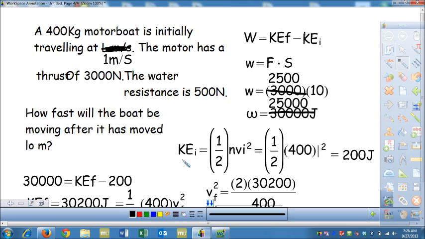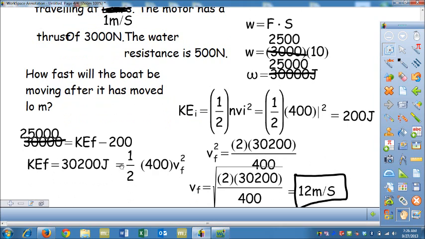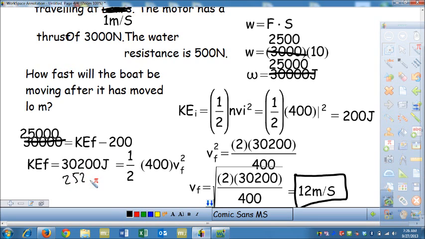So this one here is the same way, 2,500 plus one more zero. Okay, now we add 200 to that, and we're going to get 25,200.